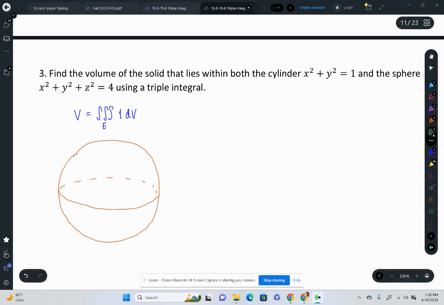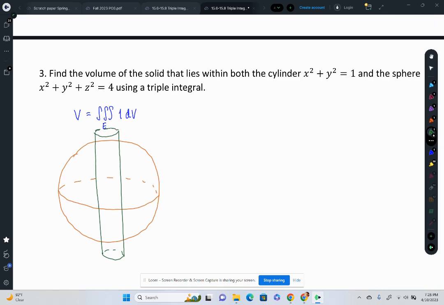And then I'm going to draw a cylinder cutting through it. Okay. Now, they're saying we want the part that is inside the cylinder and the sphere. Okay, so that's going to be all this in here.